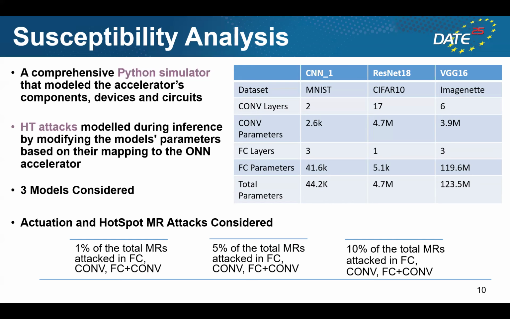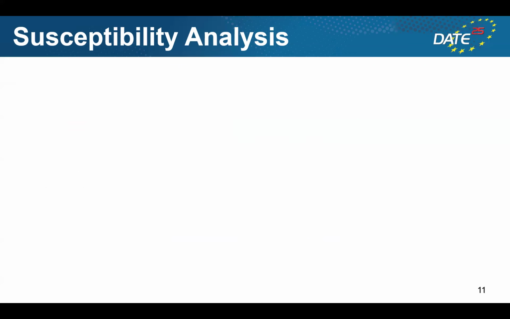We first focus on attacking only 1% of the total MRs, either in the fully connected block only, the convolution block only, or both blocks simultaneously. And we did the same for attacking 5% of the total MRs and 10% of the total MRs. So these are the results we got.